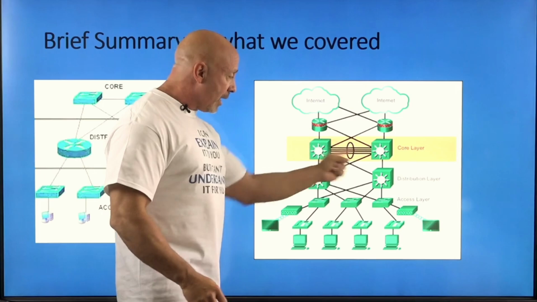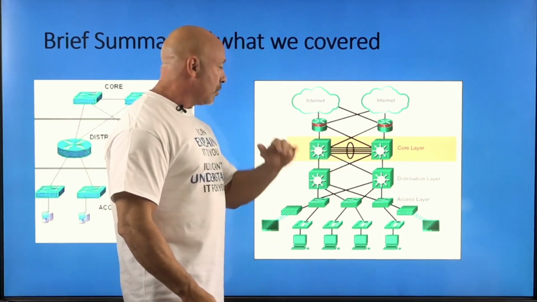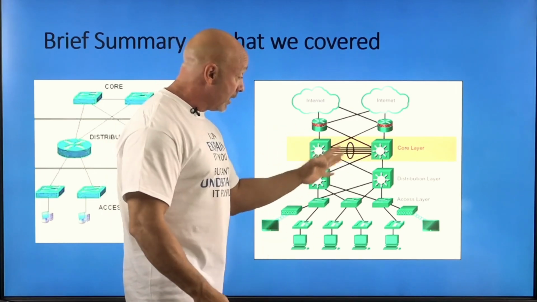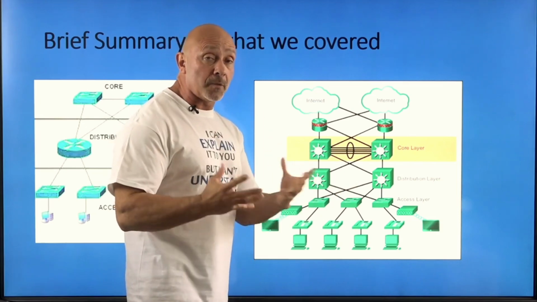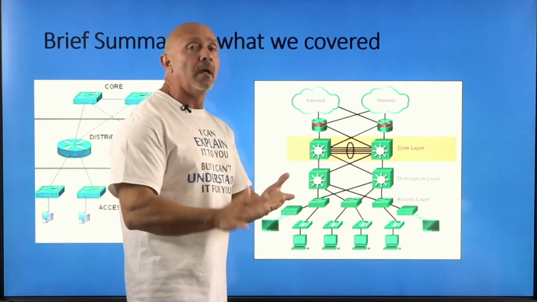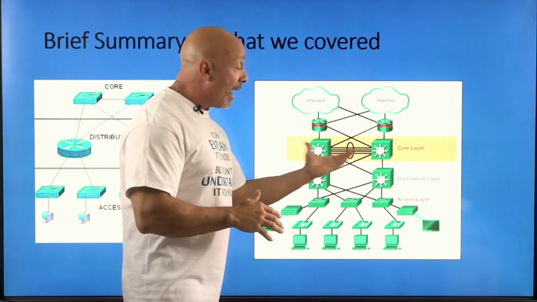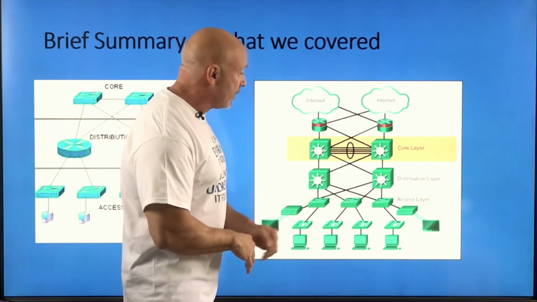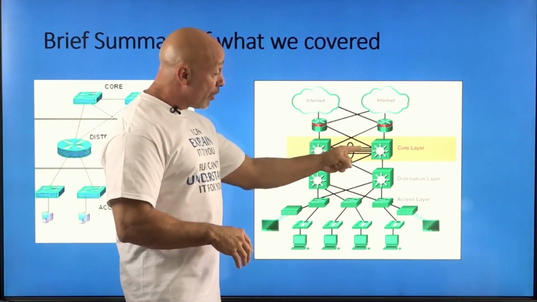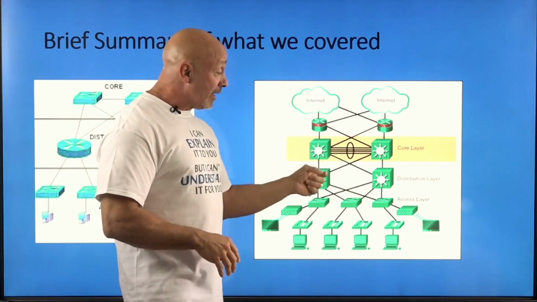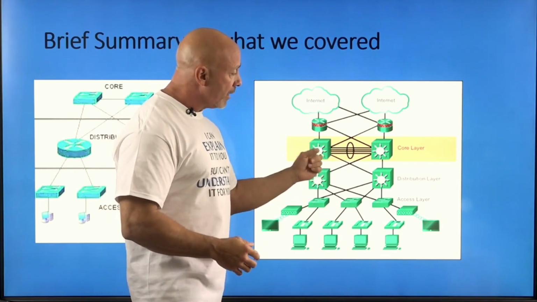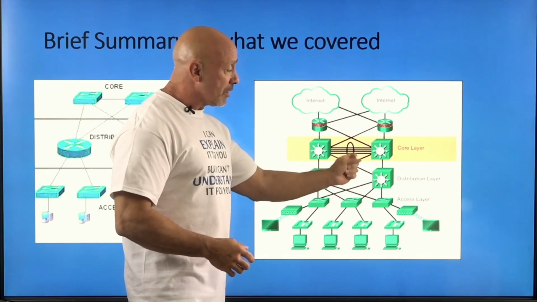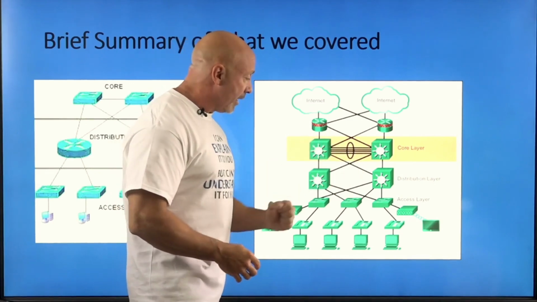This equipment right here, whether it be a layer 3 switch or a router or whatever it is, needs to have as minimal configurations as possible, obviously being secured and having the right path to get to the destination. But you see a lot of redundancy. This looks like an EtherChannel, unless you're doing virtual routing over here. So this needs to pass information very quickly, fiber optics, things of that nature.